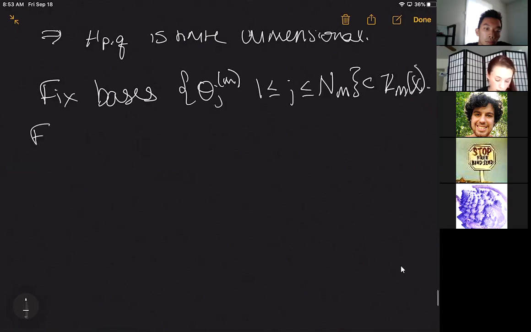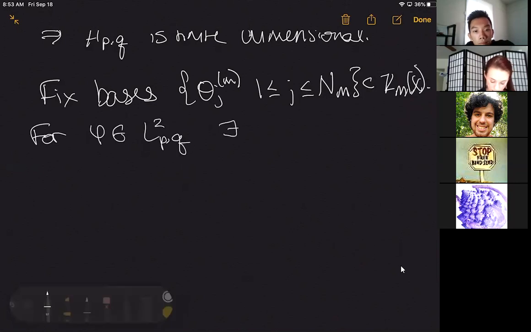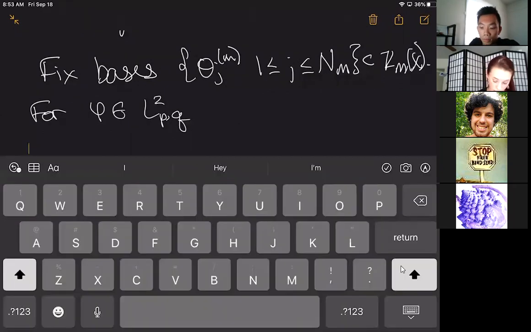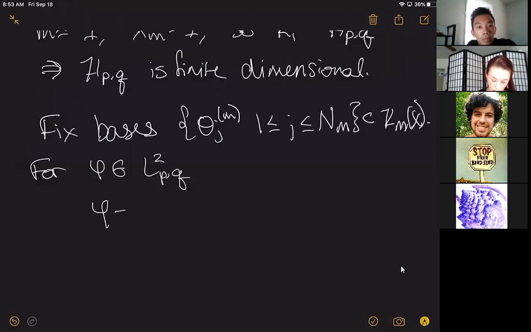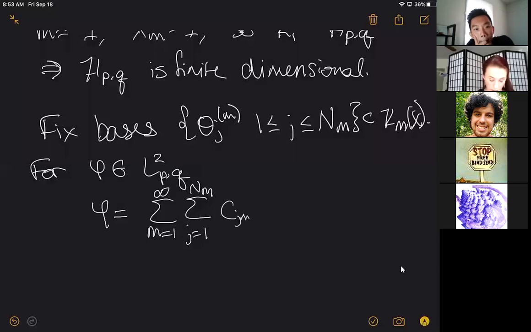And for a (p,q)-form, we can write it as a sum over these eigenvectors. So phi is equal to the sum from m equals 1 to infinity, and then we index within the eigenspace, so this goes from j equals 1 to n sub m, c sub j m, theta j m.